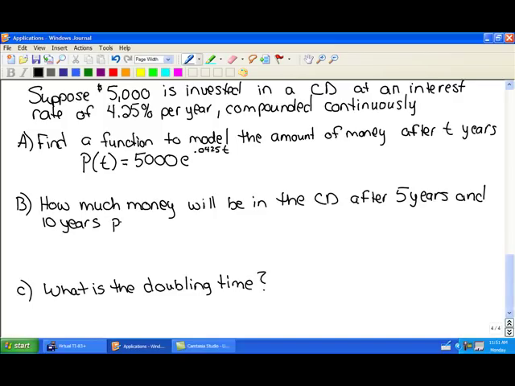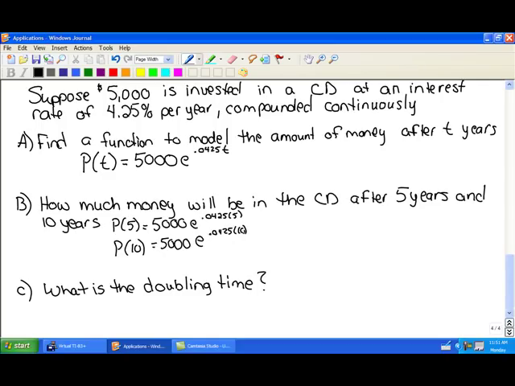So we need to find the amount after 5 years, which will be 5,000 times E raised to the 0.0425 times 5 power. After 10 years, we're going to use the same formula. P of 10 equals 5,000 times E raised to the 0.0425 times 10 power.